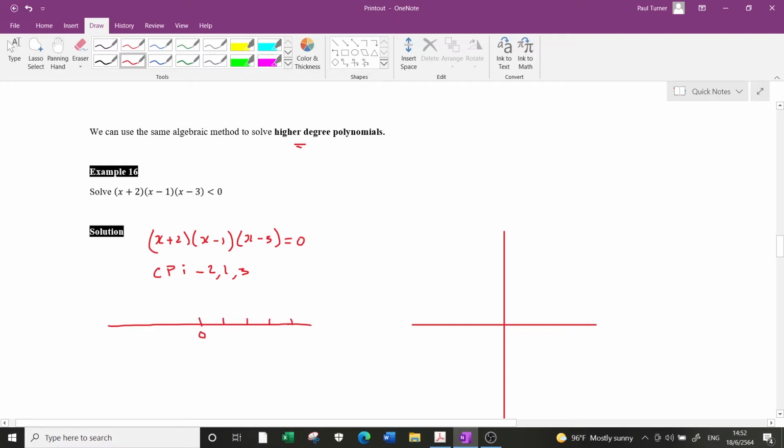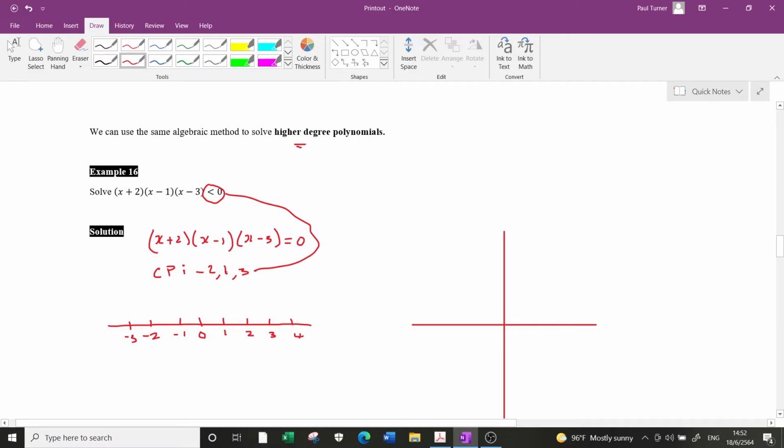So once you have your critical points, make a number line, put a 0 in, 1, 2, 3, 4, and then -1, -2, -3. Okay, so if you notice the sign is less than, which means that these critical points are not part of your solution.